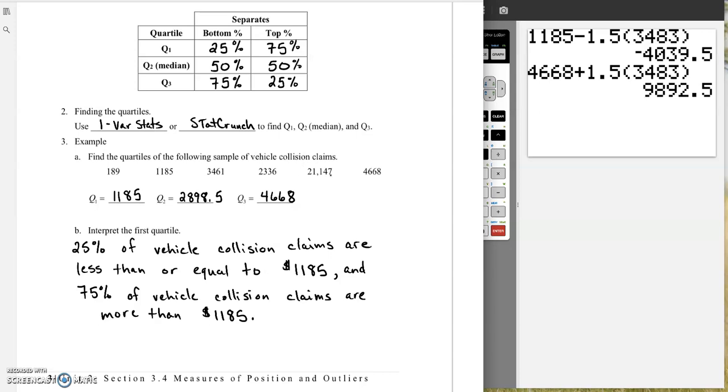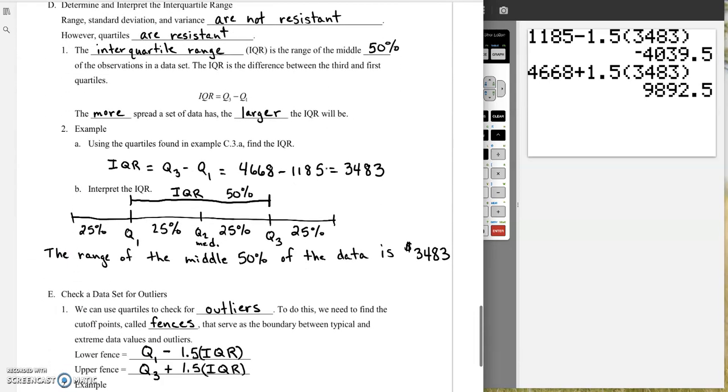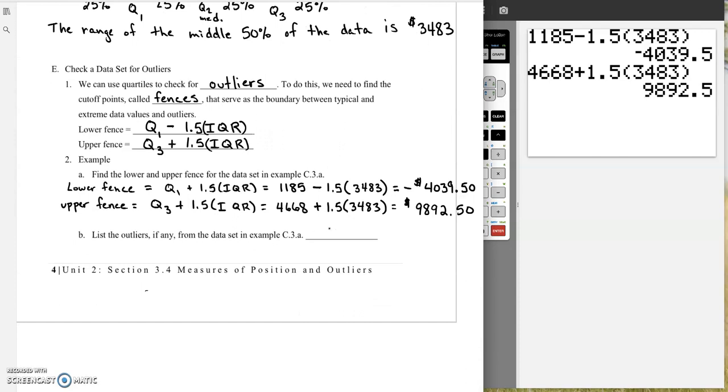Well, yes, we have this $21,147. So our outlier is the $21,147. Remember, outliers are either less than the lower fence or they're greater than the upper fence.